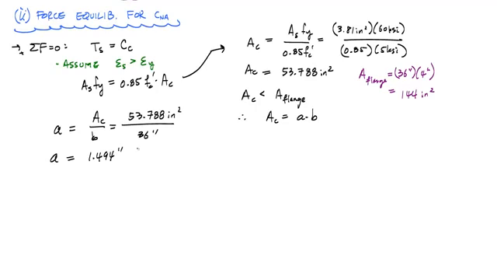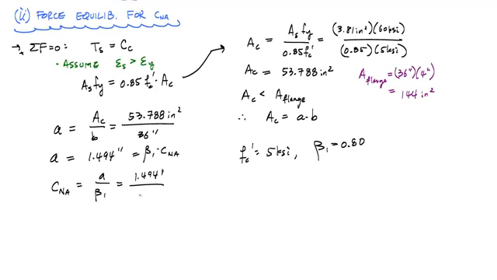And then I can back calculate, because I know a is equal to beta 1 times c. I can solve for c, the neutral axis depth, which is going to be a over beta 1, and this will be 1.494 inches divided by beta 1. And in this case here, because I have fc prime equal to 5 ksi, beta 1 is equal to 0.80. And this gives me a neutral axis depth of 1.868 inches.